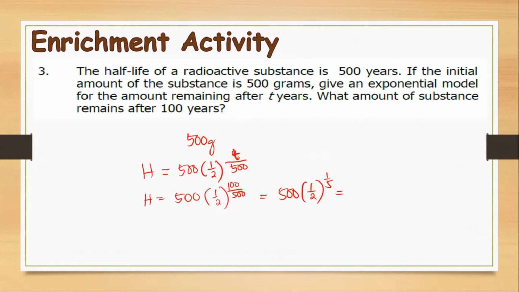The answer will be 0.87. So that is 500 multiplied by 0.87. The answer will be 435 grams. So the amount of the substance will be 435 grams after 100 years.